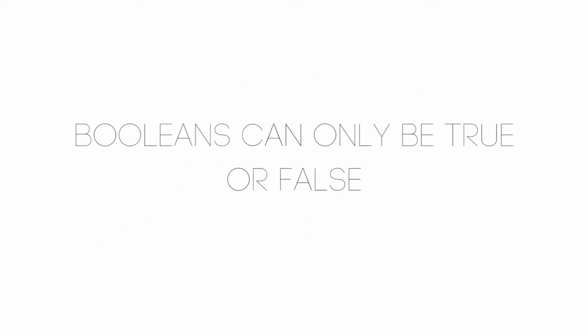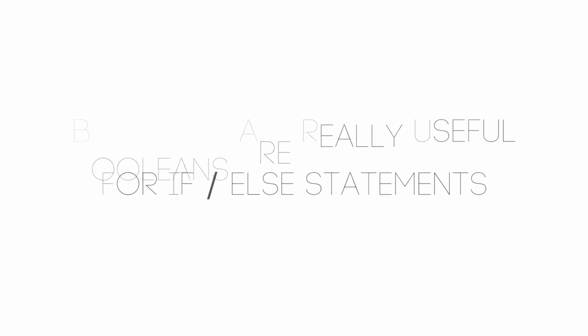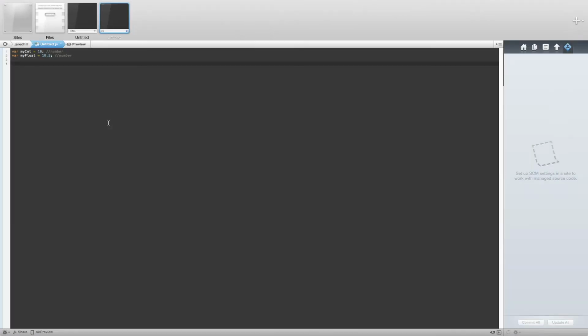The Boolean data type is comprised of only two values, true and false. Booleans are often used in conditional statements like if-else statements to do something if the condition is true or do something else if the value is false. Let's create a quick example of this. We're going to create a variable to test against called x. Now let's set our value of x to 10.